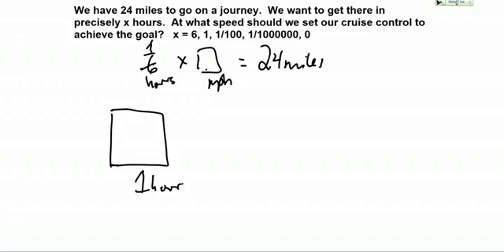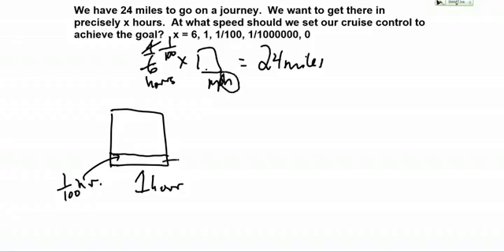What if we wanted to go 1/100th of an hour for our journey? We're going to have to go very, very fast to go 24 miles. One way to think of it with the container is that the 24 miles now fills up, not to any scale whatsoever, 1/100th of our container of 1 hour. So this is 1/100th of an hour. We want to know how many miles we're going to go in 1 hour.